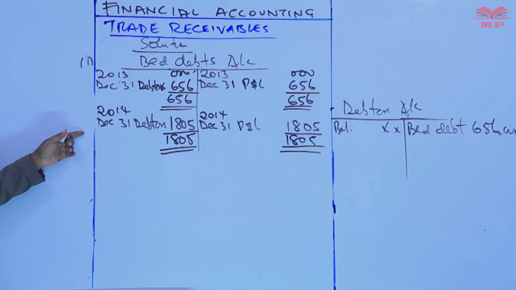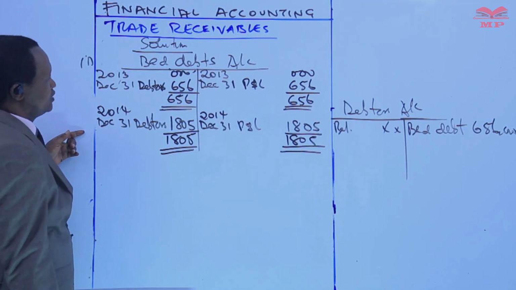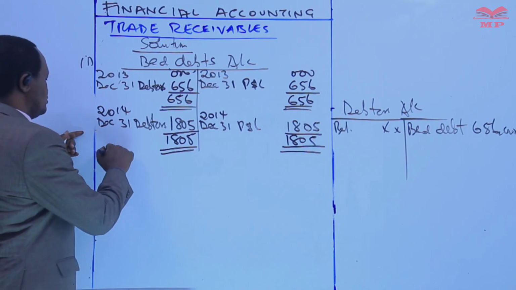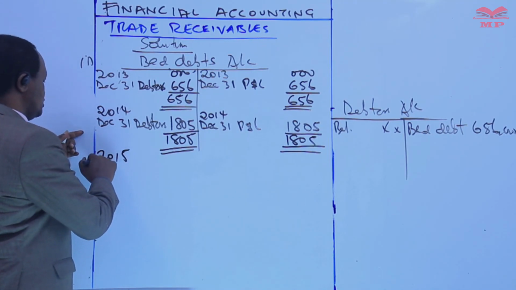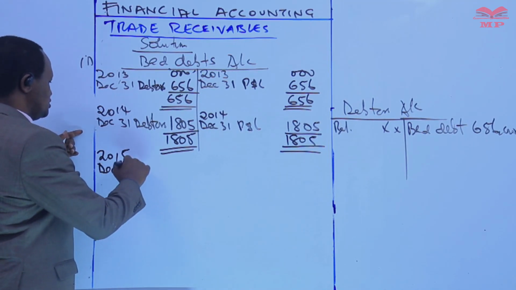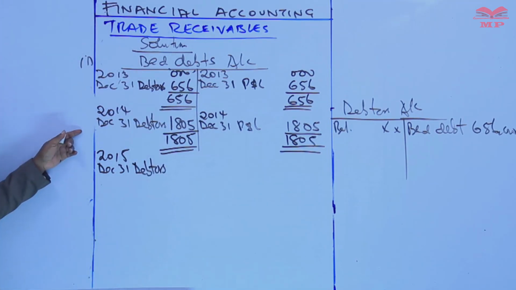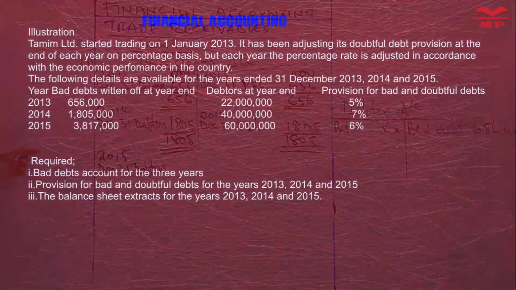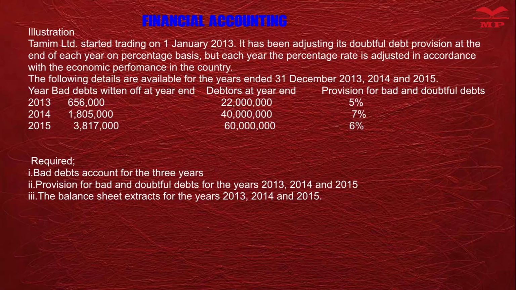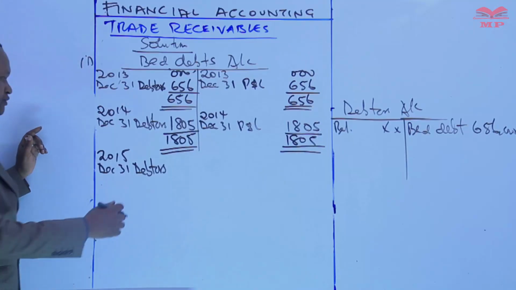There was also a bad debt written off in 2015. December 31, debtors. What is the amount? The amount is 3,817.